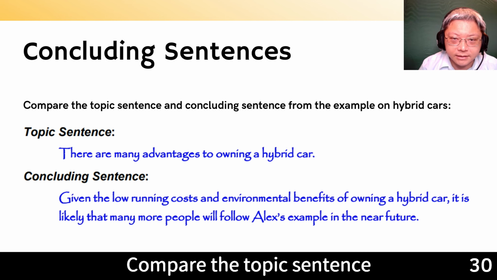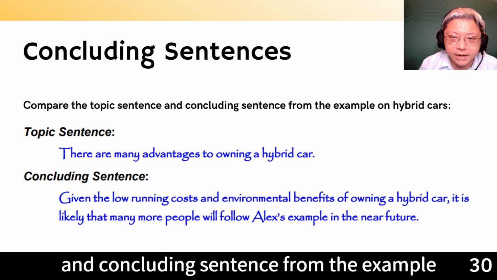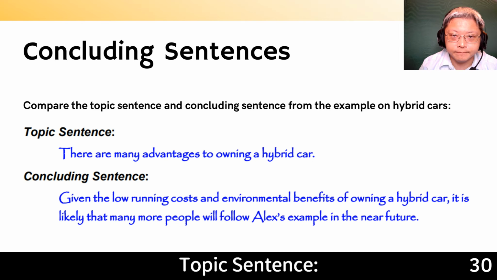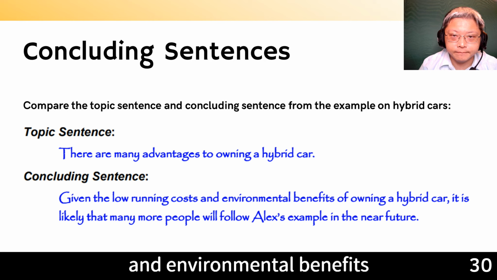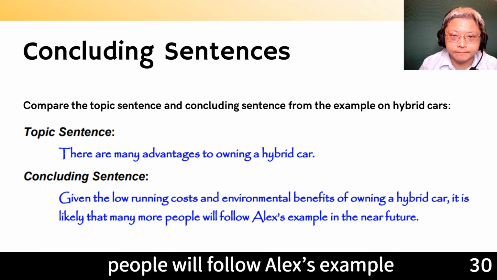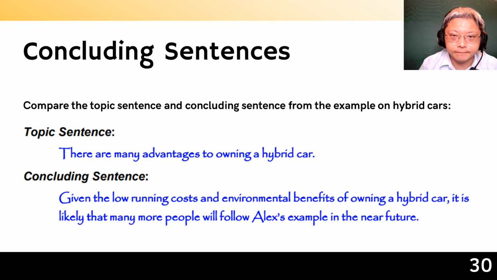Compare the topic sentence and concluding sentence from the example on hybrid cars. Topic sentence: There are many advantages to owning a hybrid car. Concluding sentence: Given the low running costs and environmental benefits of owning a hybrid car, it is likely that many more people will follow Alex's example in the near future.